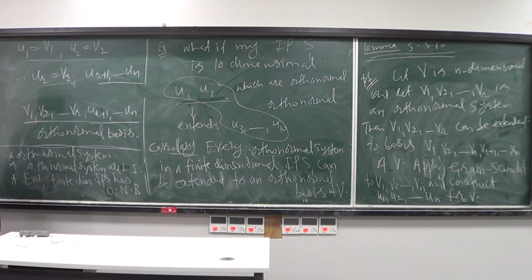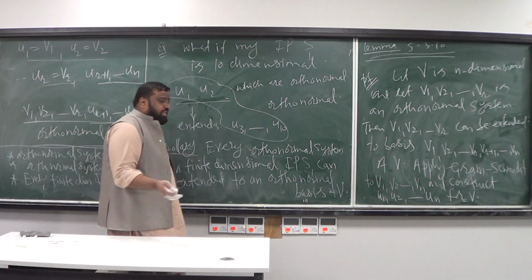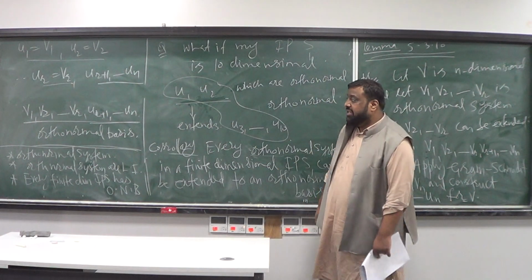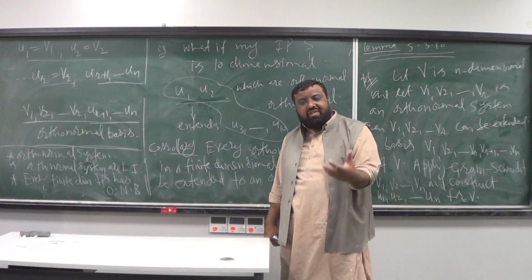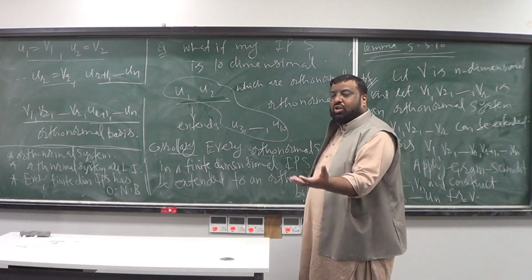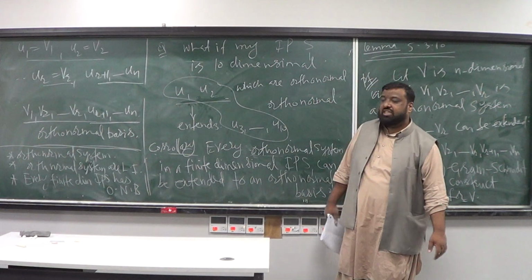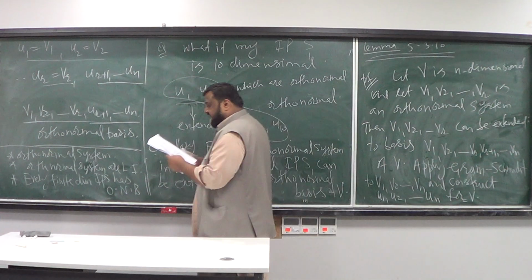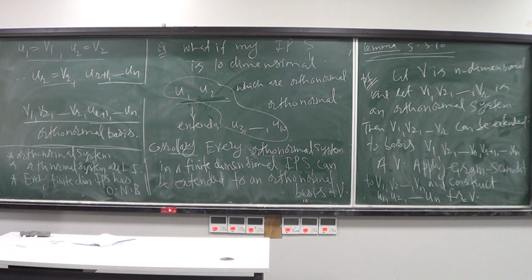And finally we showed that if you take some number of orthonormal vectors in a finite dimensional inner product space, you can cleverly add some more vectors to create an orthonormal basis for the entire vector space. Okay, so this is the set of discussions that we have done so far, and now I would like to move to the next section.